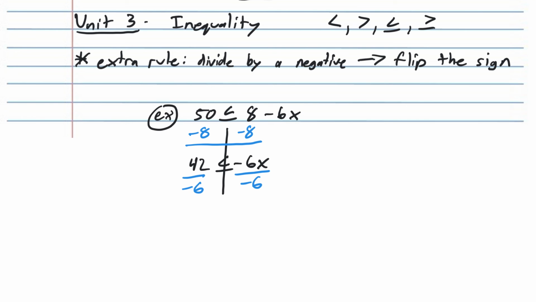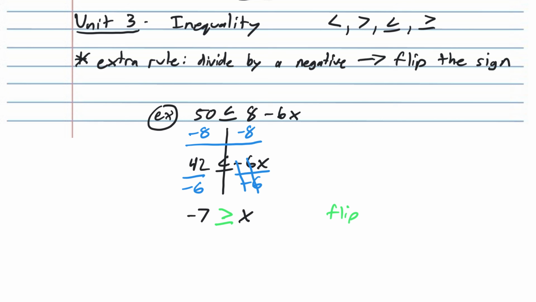We divided by a negative number. So those cancel, and because we divided by a negative number, our symbol has to flip around. So now it's going this way. Flip. And then 42 divided by negative 6 gives you negative 7. And that's an acceptable answer.